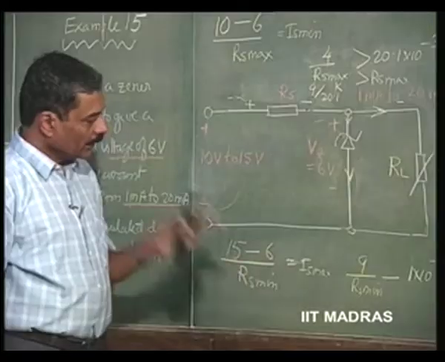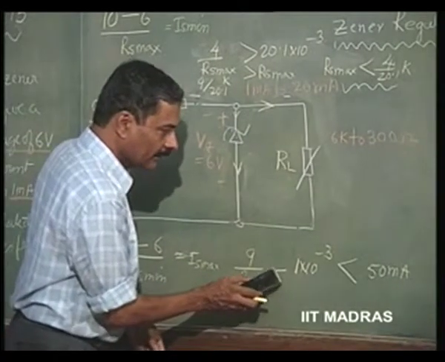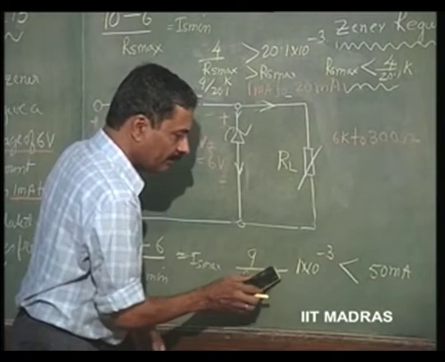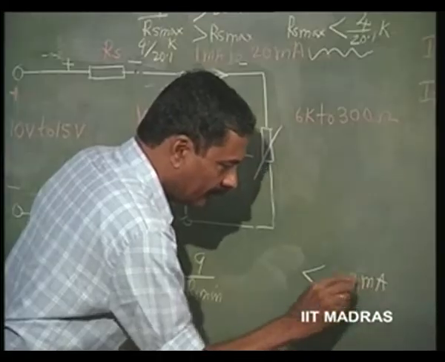Here 9 by Rs min should be less than, this is 50 milliampere, this is 1 milliampere, so 51 milliamperes.